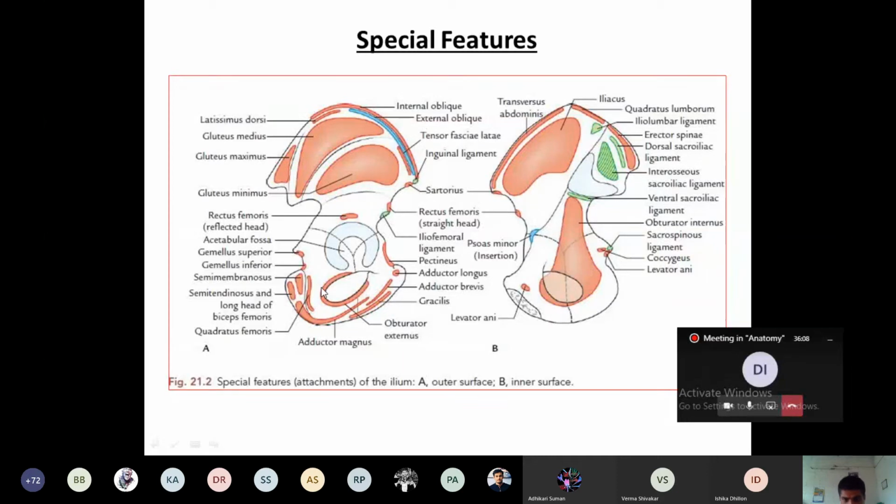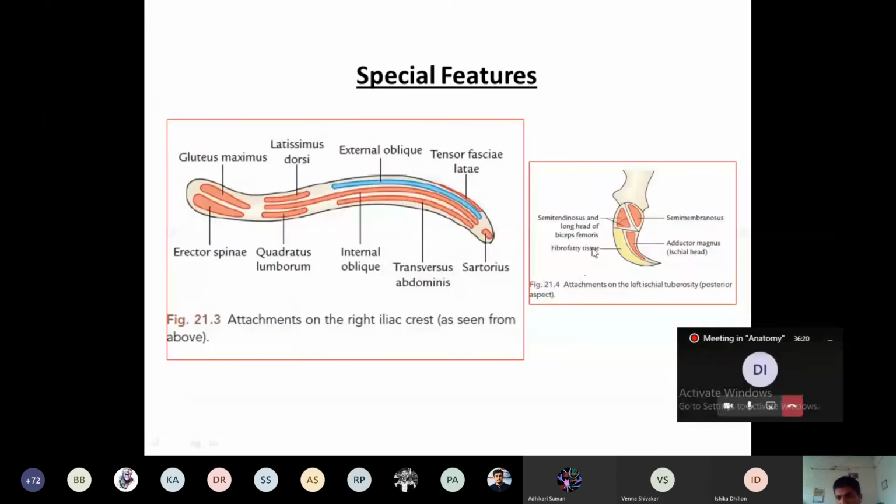First of all, we'll go into the ischium. Ischial attachments are very important, mainly the ischial tuberosity. Ischial tuberosity we have divided into how many parts? First of all, two parts: upper quadrangular area and lower triangular area. From the upper quadrangular area, you can see origin of three muscles.